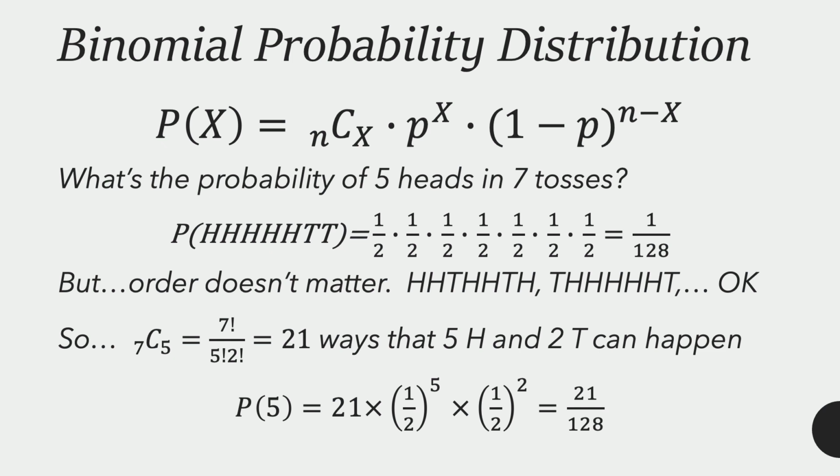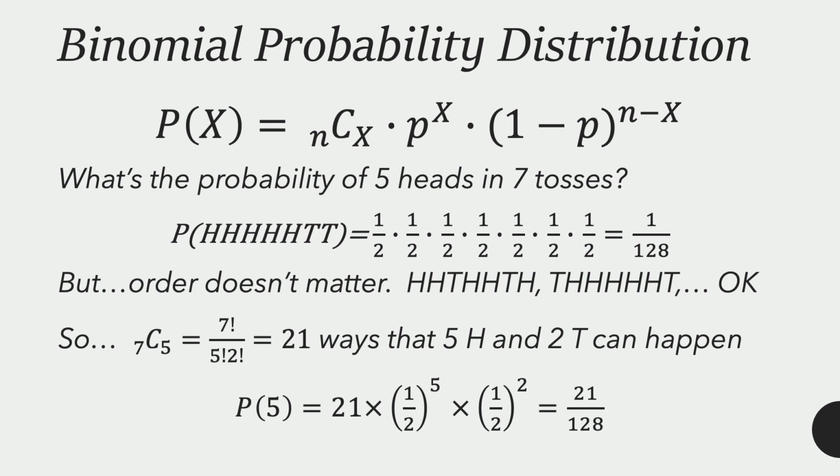We just need 5 heads somewhere in those 7 tosses. So you could arrange it however you want so that out of 7 tosses, there's 5 heads thrown in there and 2 tails. So to do that, that means we can arrange those 5 heads however we want in those seven tosses. So we're going to have 7 factorial over 5 factorial, 2 factorial. That's our combination.